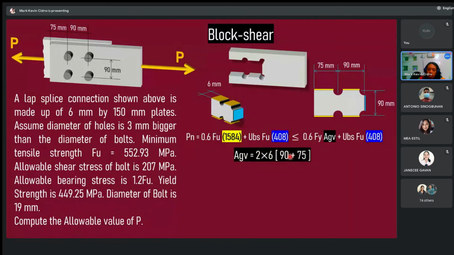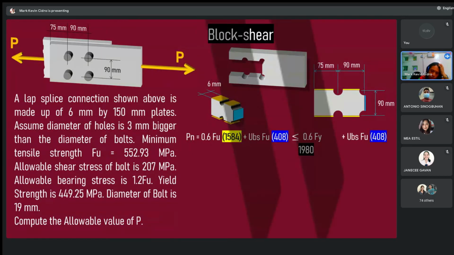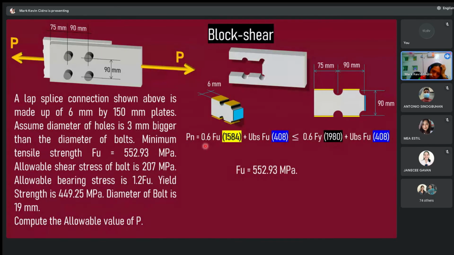Then the AGV, gross area in shear. 2 kay duha, di ba? Duha nga area. And 90 plus 75. Wala natin minus ang buho kay gross area pa. 1980 mm squared. Substitute. Okay, next.